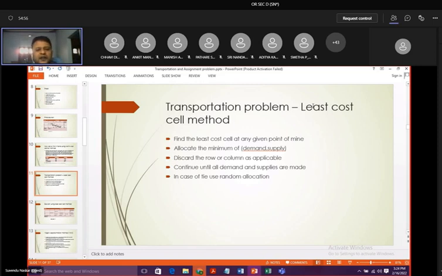So that's why I allocate the minimum of demand and supply which is possible. In case of graphical representation, you ensure that it meets both the constraints in that cell. Do you understand what I'm trying to say? Yes, sir. Understood. Okay. Now try that using this method.